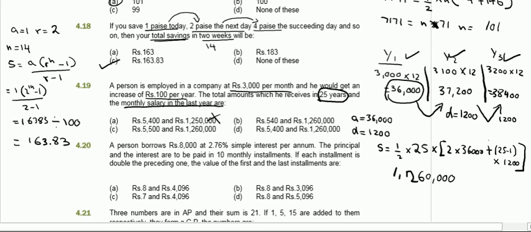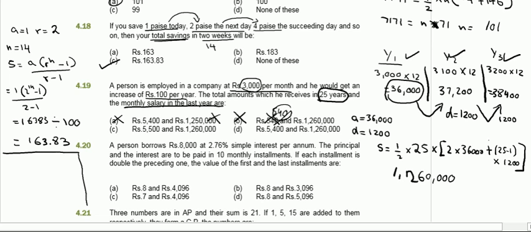The monthly salary cannot be 540, since the salary in the first year was 3,000 per month, and if it is increasing by 100, there is no chance that it can go to 540. So we can say that B is not the possible answer, A is not the possible answer. Now we are left with C and D.